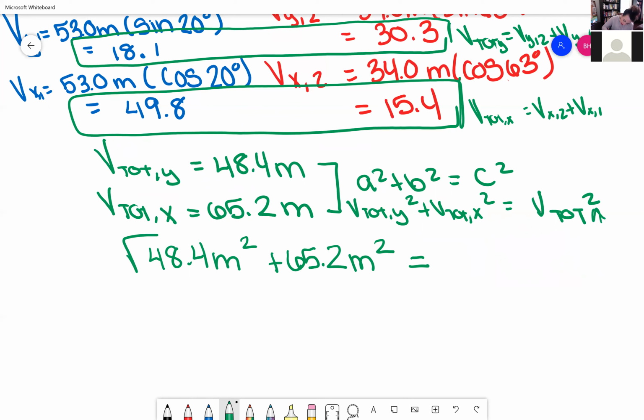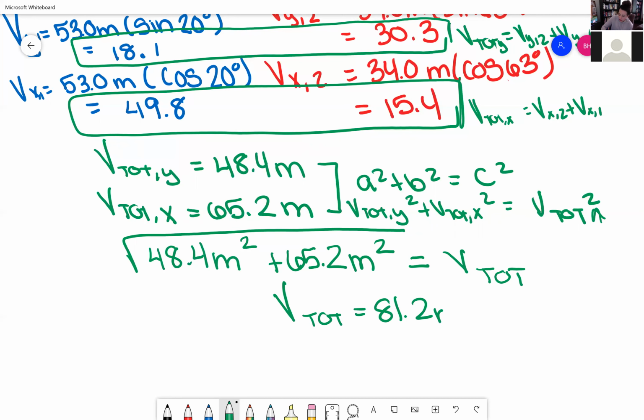So that means I'm going to take the square root of this, and this is going to be v total. Okay, so let's go ahead and figure out what our v total is. So we have 48.4 squared plus 65.2 squared. And then we want to take the square root of that. So my v total is 81.2 meters. So that is the length of that vector.